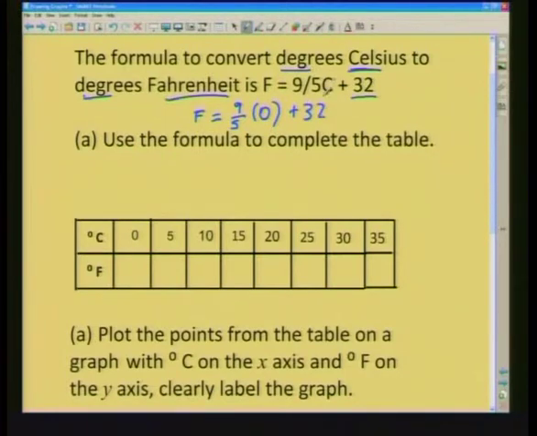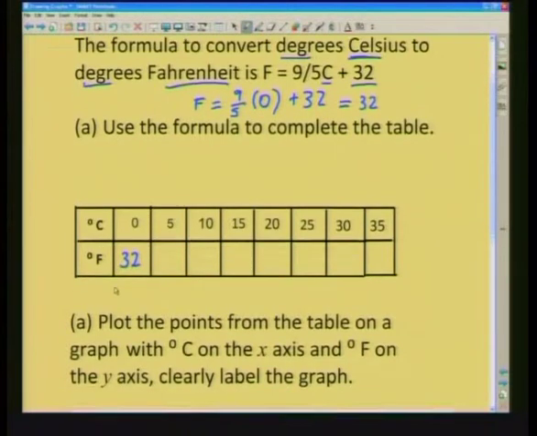If we work this out, this will give us an answer of 32. So in my table where I have a 0 degree, I can now put in 32 degrees Fahrenheit as the corresponding temperature.